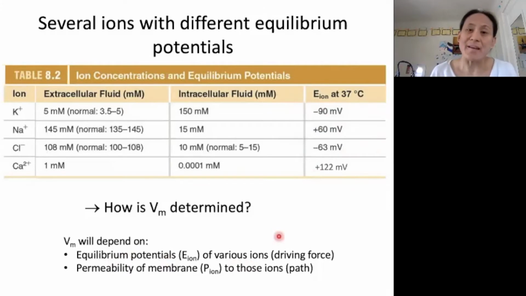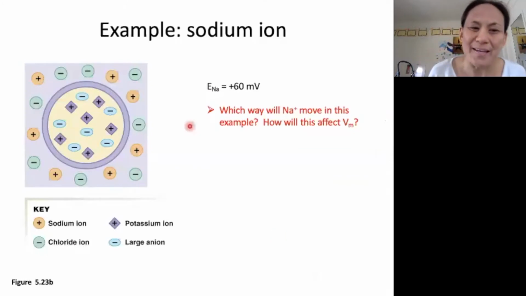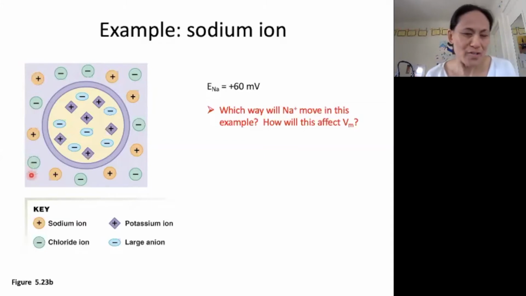Okay, the next few slides illustrate this concept. So let's start by looking at this example here. We're going to be focusing on sodium ion, which is these orange positively charged ions shown in the diagram. I want to remind you, since this is the exact same picture that I used before, that we have a membrane potential of 0.